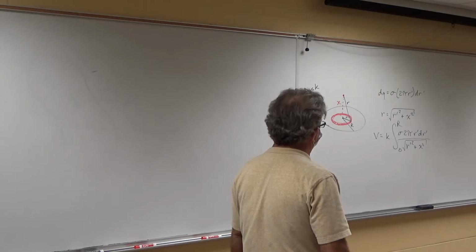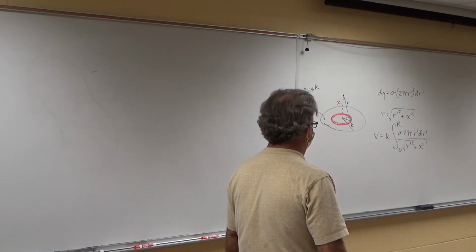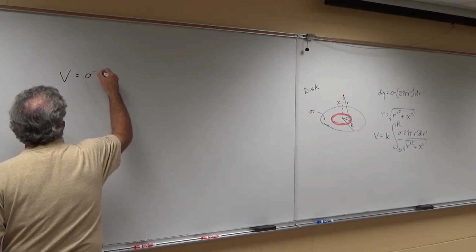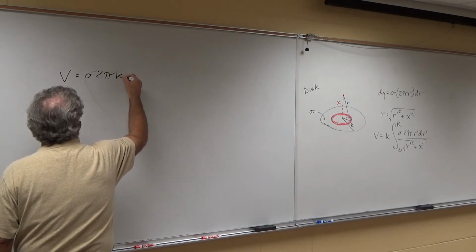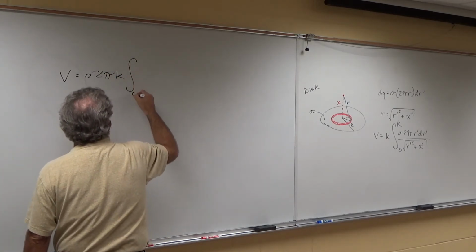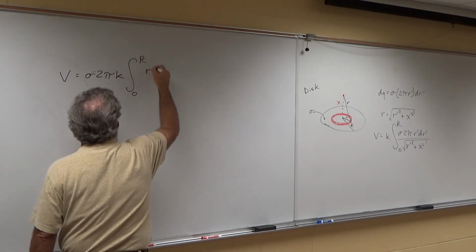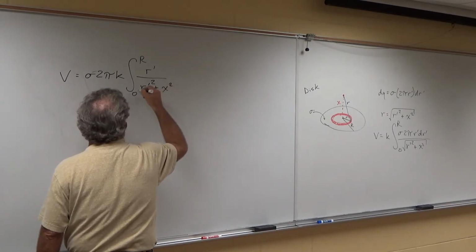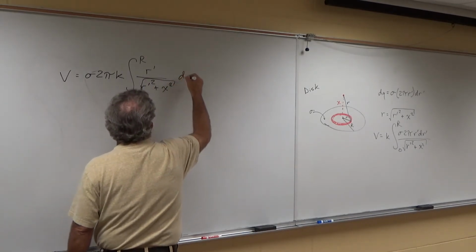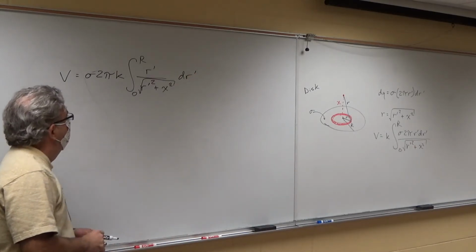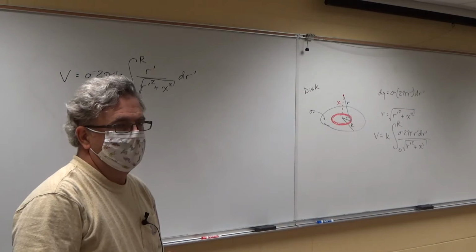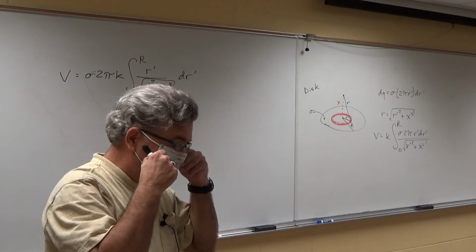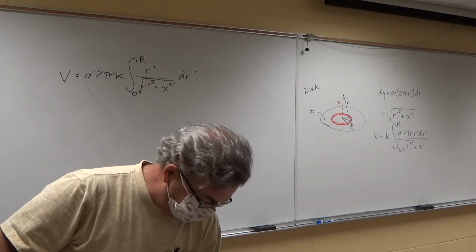So V is equal to sigma 2 pi k times the integral from 0 to R of r prime divided by the square root of r prime squared plus x squared, dr prime. That's an easy integral, right? U substitution, however they teach it nowadays.